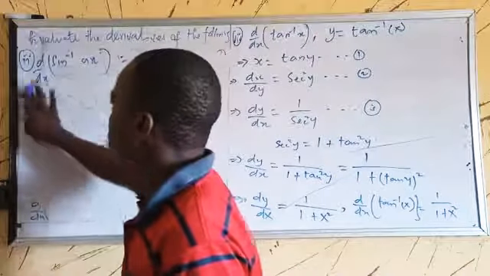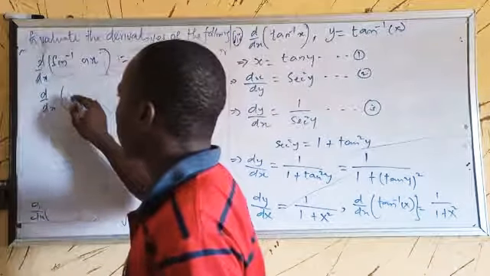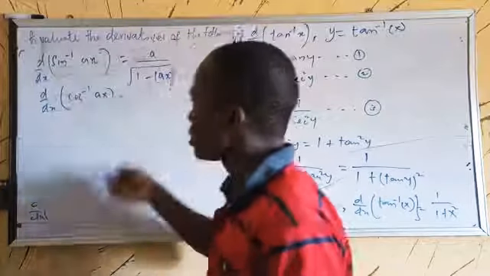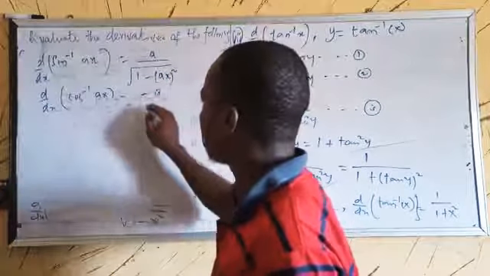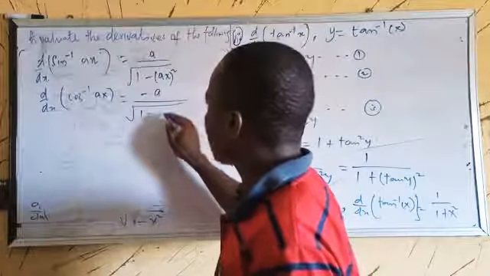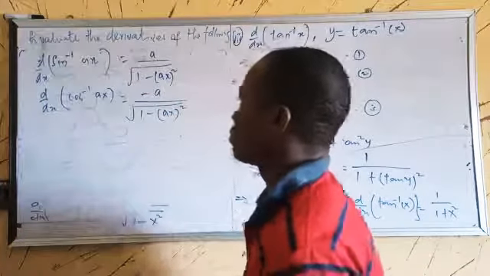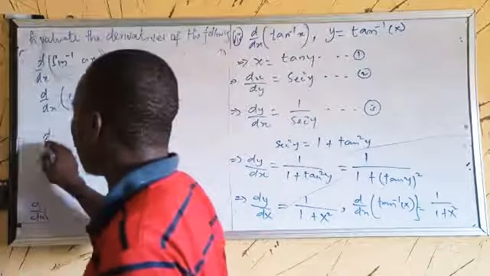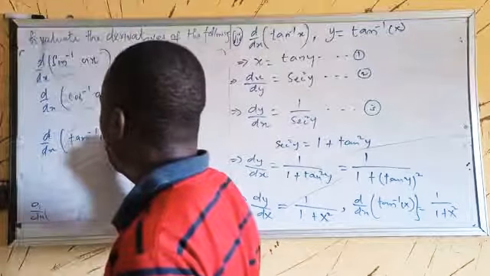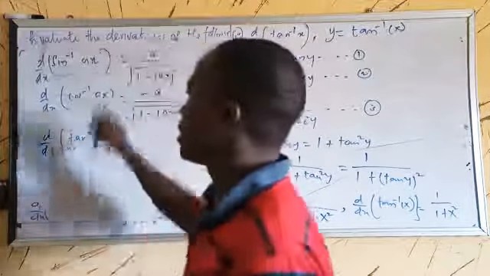And for the second one, if you have the derivative of cos inverse of ax, the same thing applies: this will be minus a over the square root of 1 minus a squared x squared. Then lastly, for tan inverse of x, let's say we have a constant multiplying it.